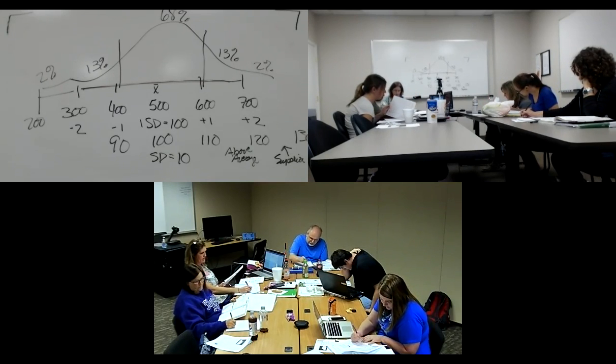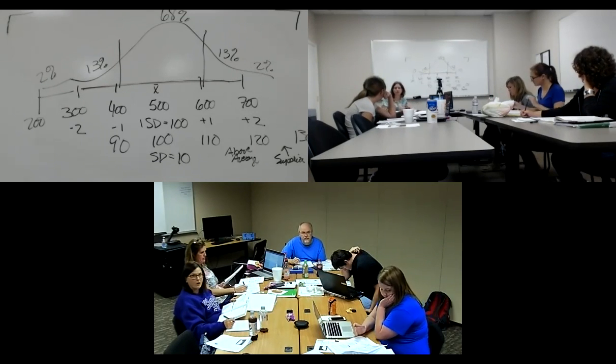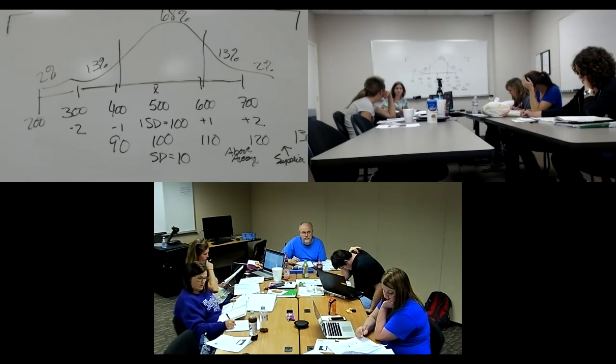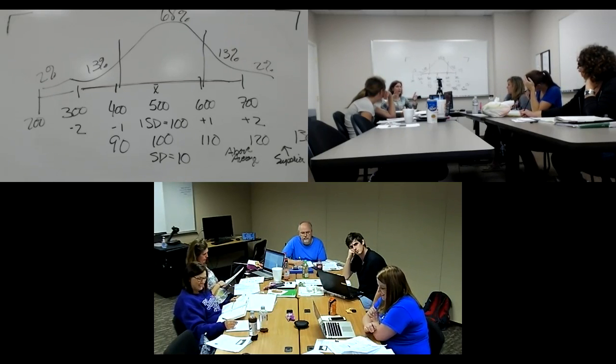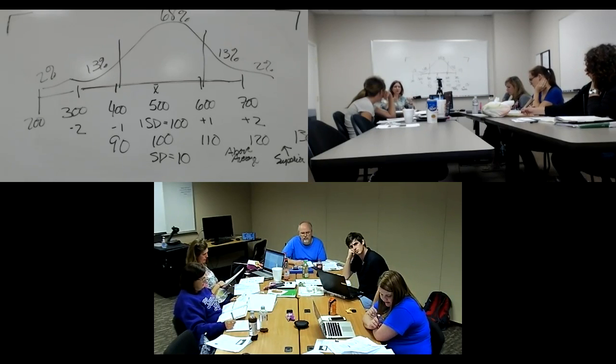A z-score is always going to be located at the same place on any distribution that you have. So one z-score above and below, if you're looking at depression scores, is going to be the same place in the distribution as one z-score above and below a measure of hyperactivity. It's always going to be the same location.